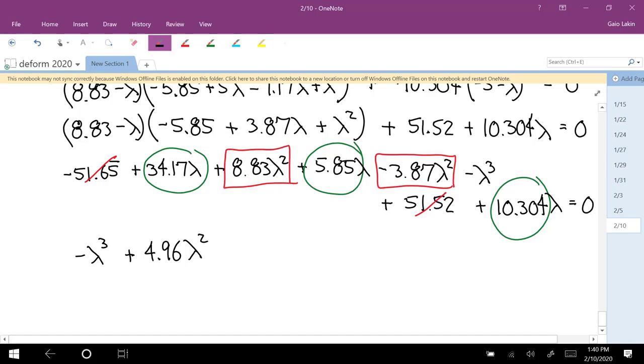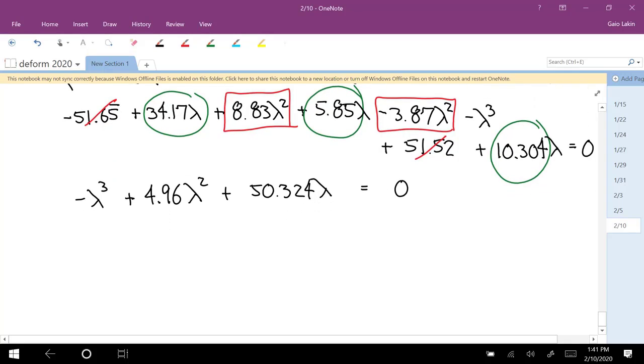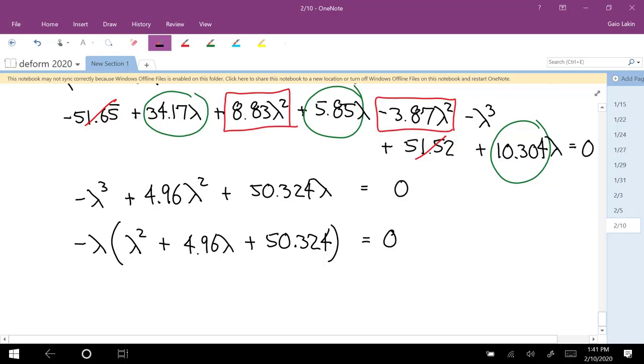And then what's 34.17 plus 5.85 plus 10.304? 50.324 lambda is equal to 0. If I pull out one negative lambda, we get lambda squared plus 4.96 lambda plus 50.324 is equal to 0. One of our roots is 0.